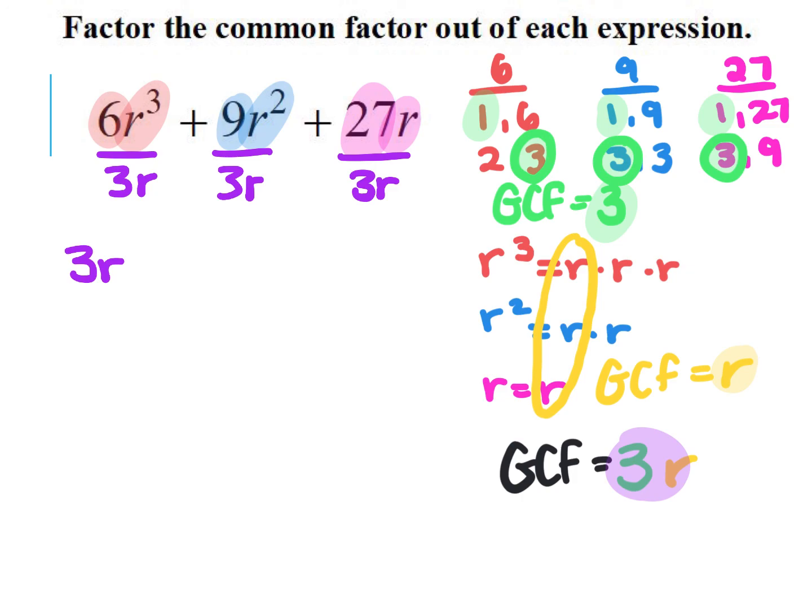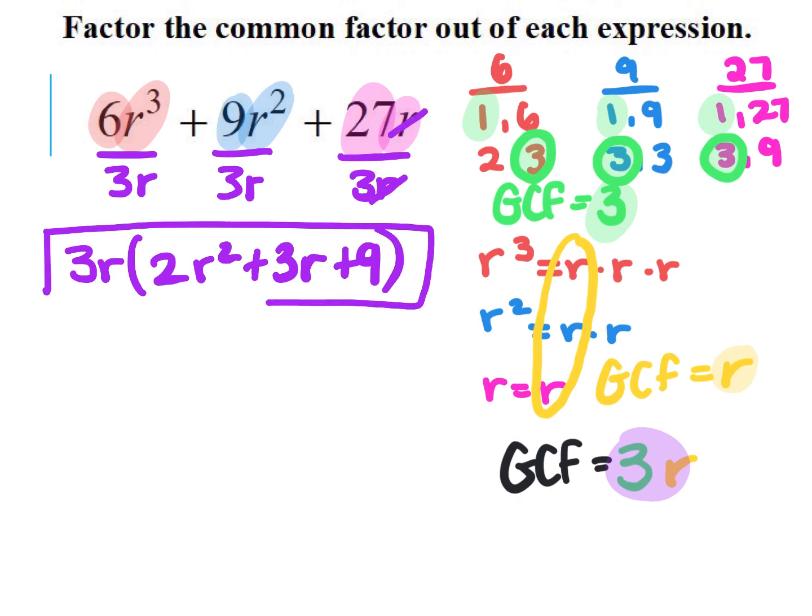So when I do this, 6 divided by 3 is 2, and r to the third divided by r, I'm taking away 1r, so it's r squared. Then I have 9 divided by 3 is 3. R squared divided by r is taking away 1, so I have r. And then 27 divided by 3 is 9, and these r's cancel. So my final answer is 3r times 2r squared plus 3r plus 9.